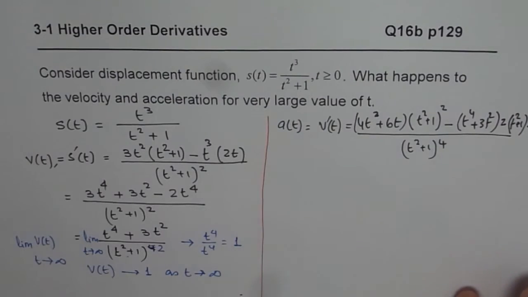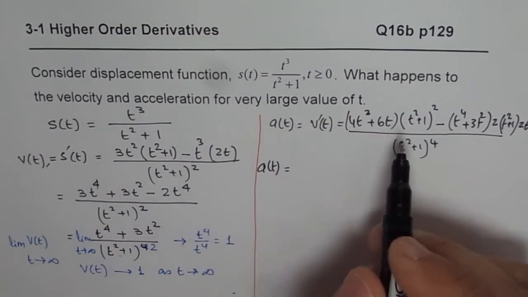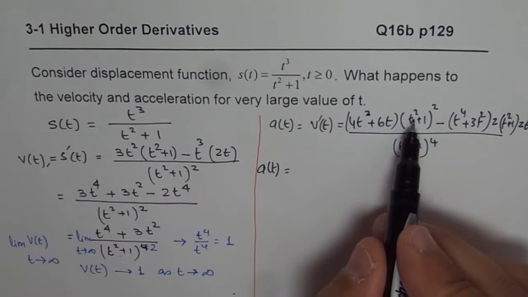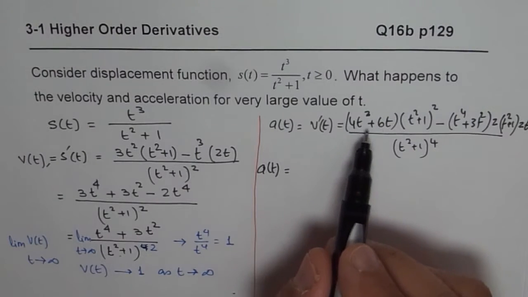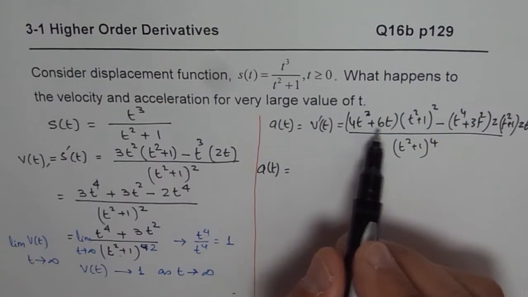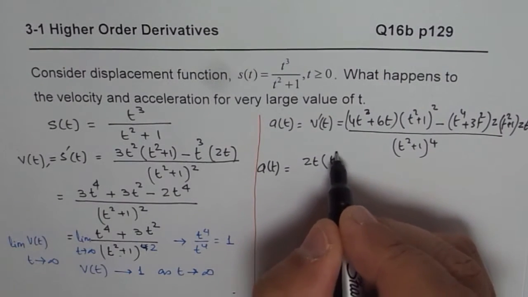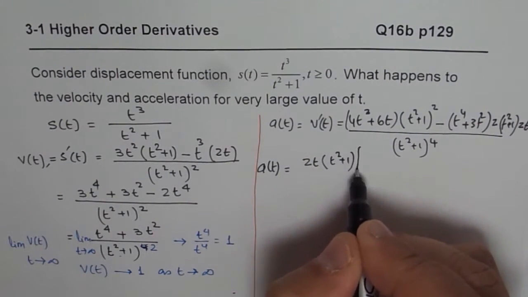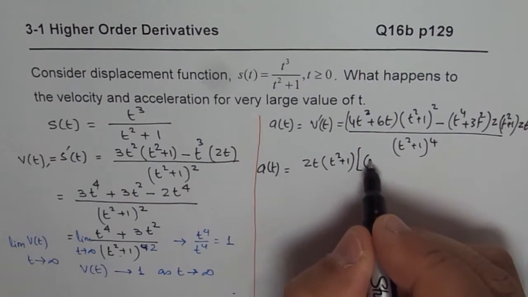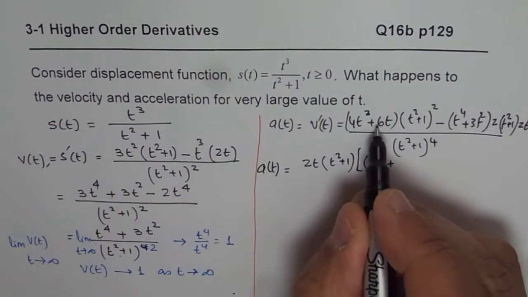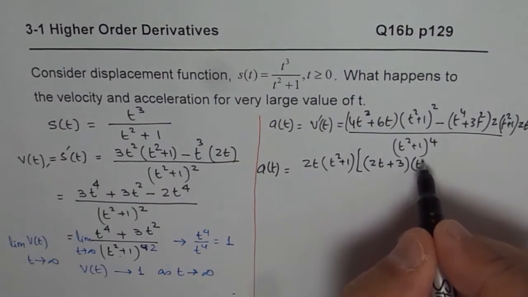So let me rewrite this. We have acceleration equal to all this. I could take t squared plus 1 common, and we can also factor 2t from here. So we can take 2t times t squared plus 1 common in the numerator. If I take 2t from here, I'm left with 2t plus 6 divided by 2 is 3, times t squared plus 1.